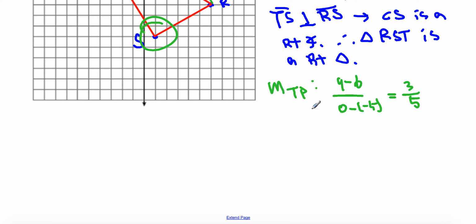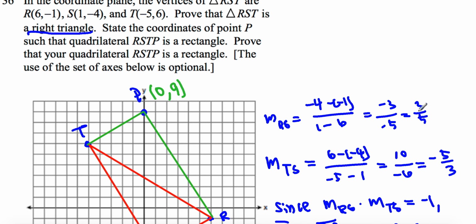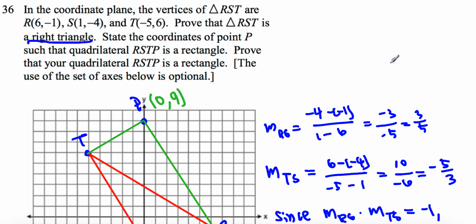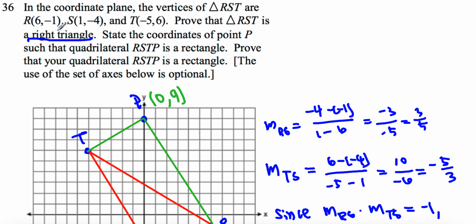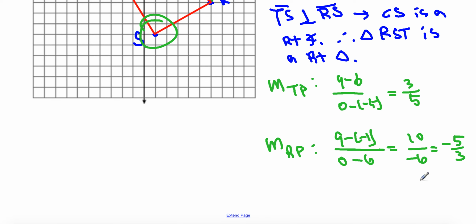Wait a minute. TP, now we know that is parallel to RS. And then let's go for the slope of RP. R is this one, so negative 1. So 9 minus negative 1, and then 0 minus 6. So we get 10 over negative 6, which is equal to negative 5 over 3.